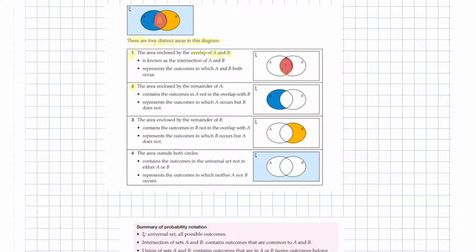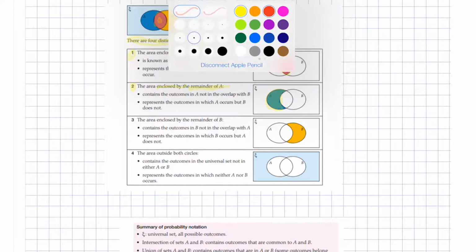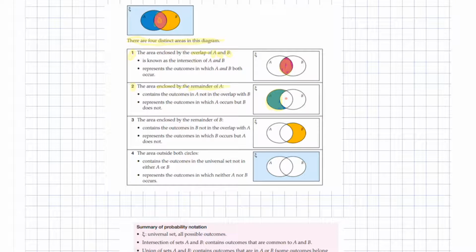Number 2, the area enclosed by the remainder of A. This is important. In this case, we are only considering the remainder of A. We are not including this common area, right?